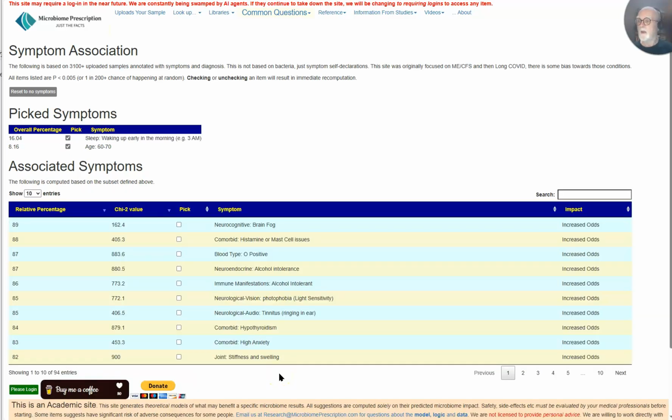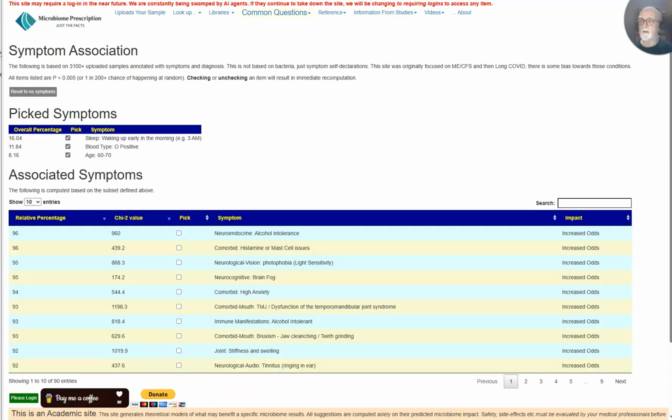And let's see what happened. Each time it recalculates and says, okay, what are the odds of that alone? And basically, we see type O positive. Let's see what happened when we click that. Now we click down, and what we are now doing is looking at people who have all of those symptoms and seeing what else those people also have.